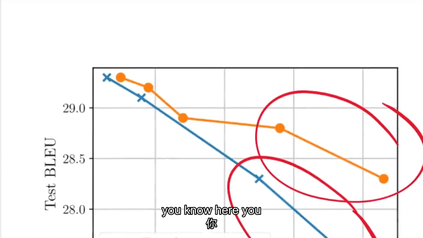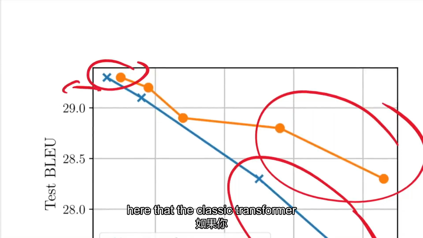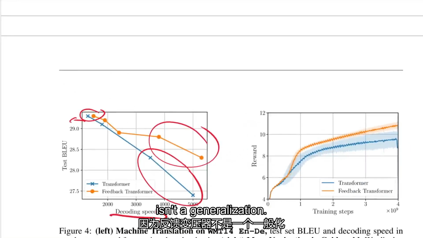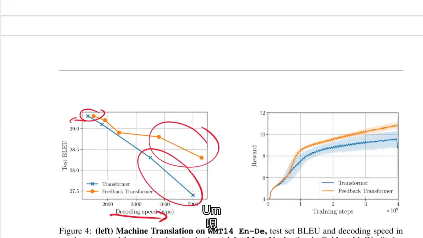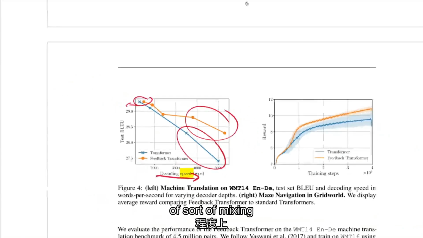However, you can see here, and I would bet maybe if you go to the left here, that the classic transformer would beat the feedback transformer, simply because the feedback transformer isn't a generalization. So it also needs to do this trade-off. It trades off speed down here, and also it trades off mixing that memory.